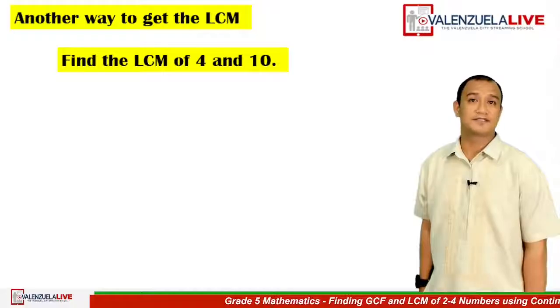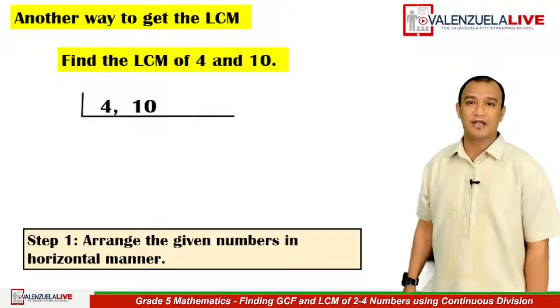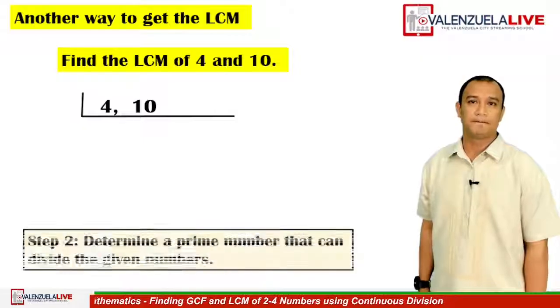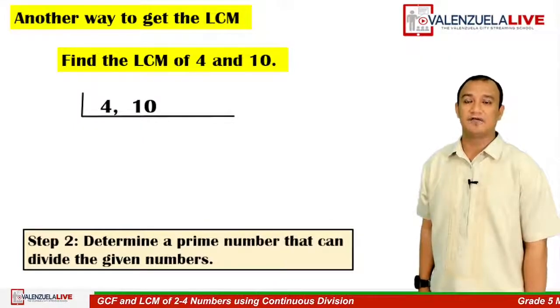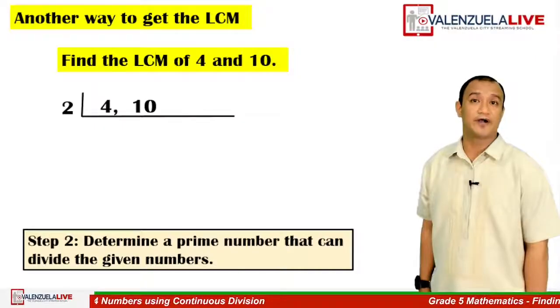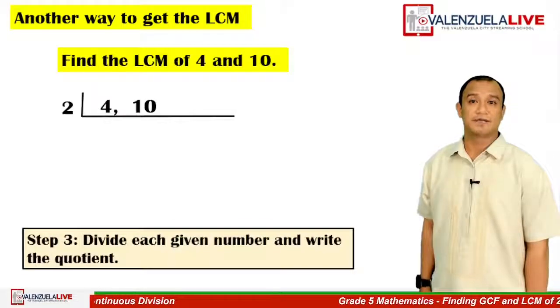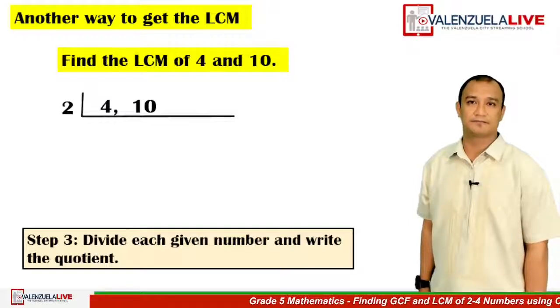Let's follow these steps. For step 1, arrange the given numbers in a horizontal manner. For step 2, determine a prime number that can divide the given numbers. Let's say 2, because 4 and 10 are divisible by 2. For step 3, divide each given number and write the quotient.